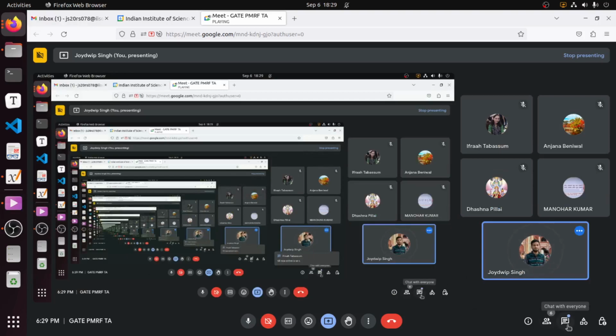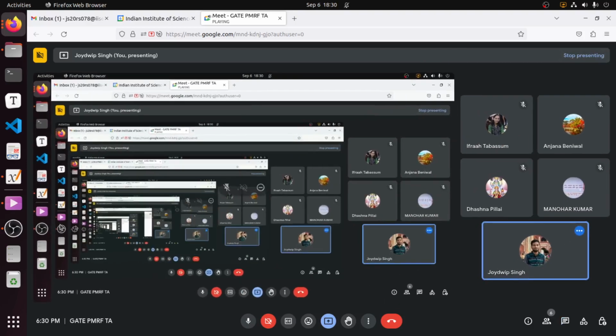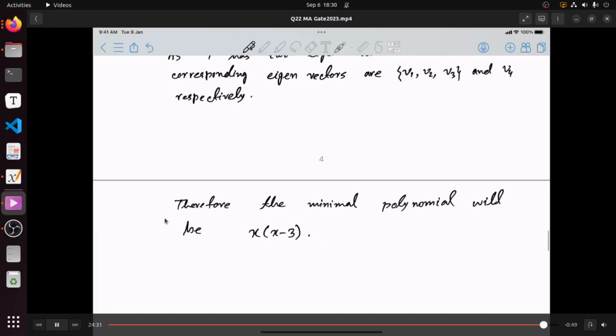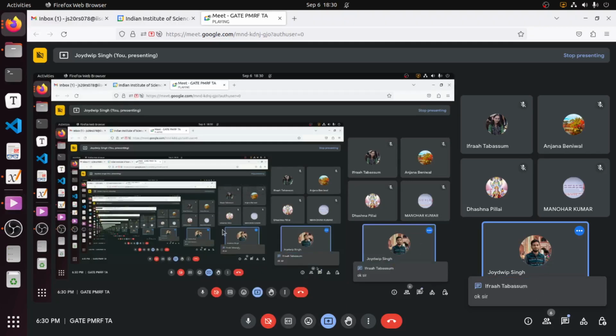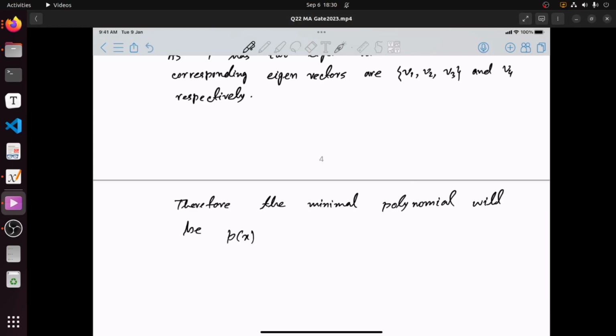No, let me complete it, then I will answer it. So let p(x) equal x minus 0, corresponding to eigenvalue 0, and x minus 3, because it cannot have more power, since it will be linear factors.